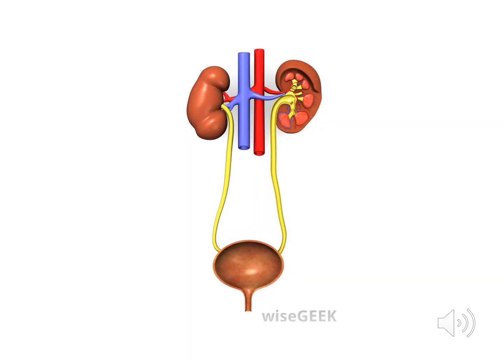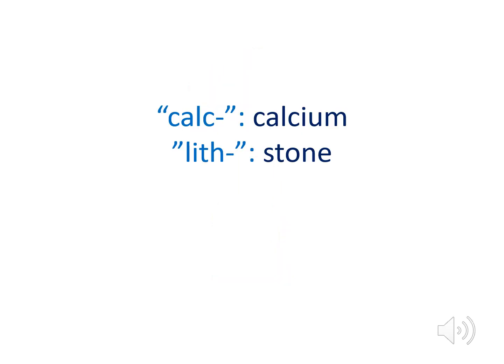So I wanted to pick one example of an obstructive disorder to look at in a little bit more detail. And the one I picked was kidney stones, because I think that is the one that is most familiar to people. There are a lot of names for kidney stones.